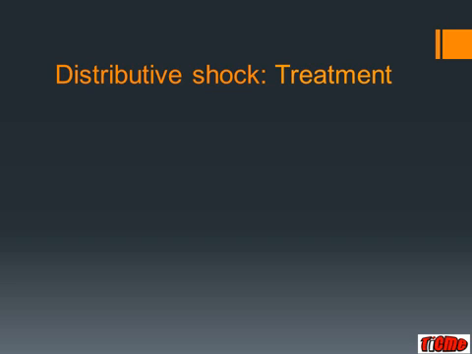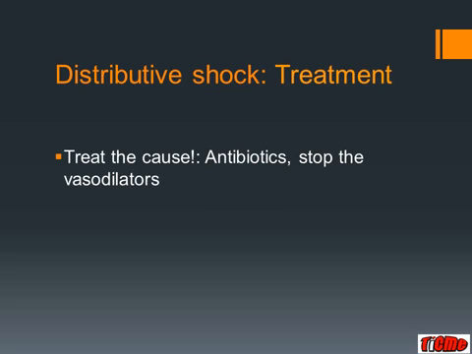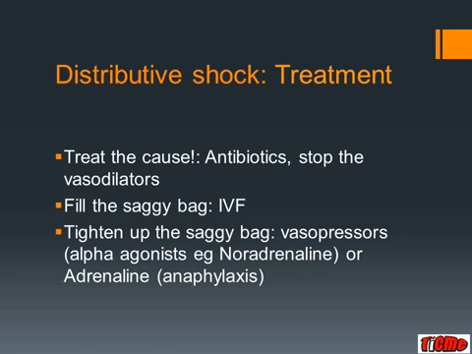For distributive shock, it's not surprising that the treatment is treat the cause. There's a very marked correlation between time to antibiotic administration and survival in severe sepsis. So as soon as you recognise sepsis, you need to get the antibiotics in. Stop any vasodilators that the patient might be on. Fill up the dilated saggy bag full of fluid, and if that's not successful, you need to tighten the saggy bag up.